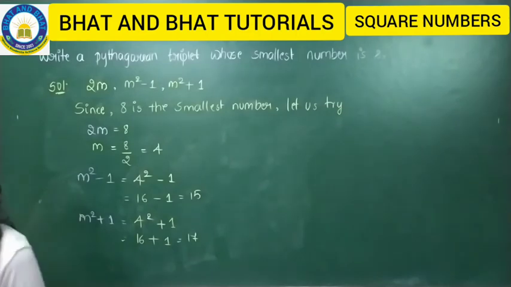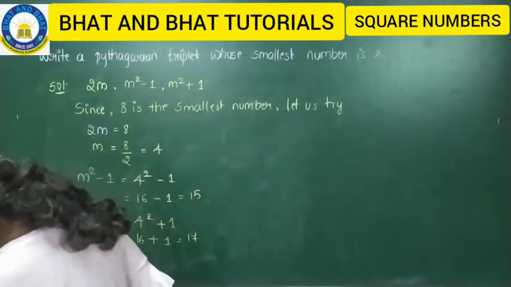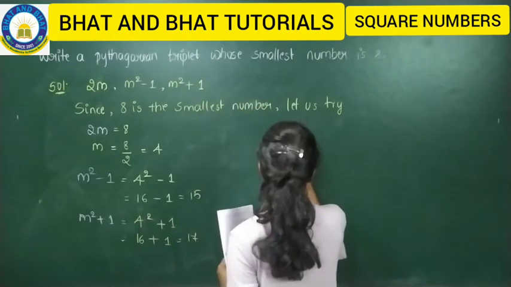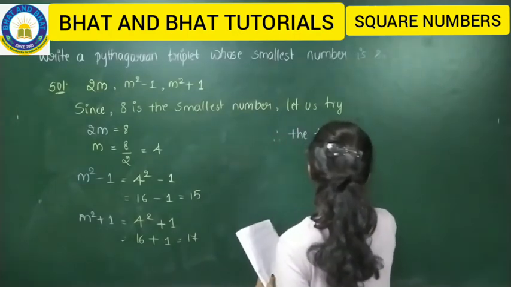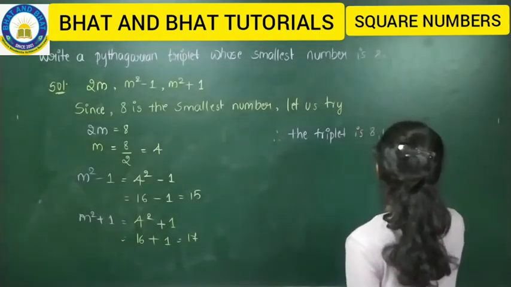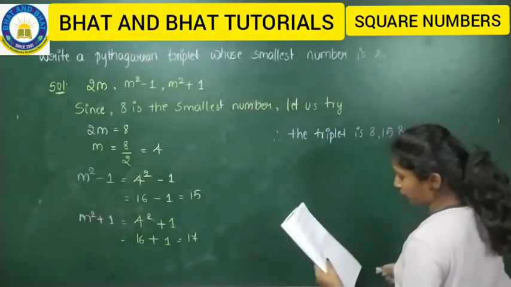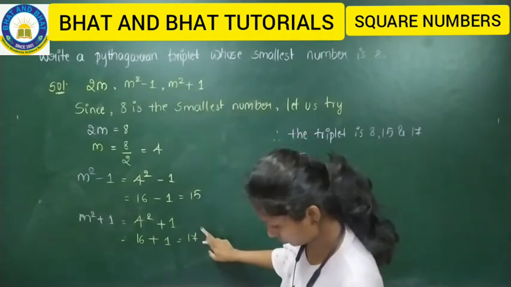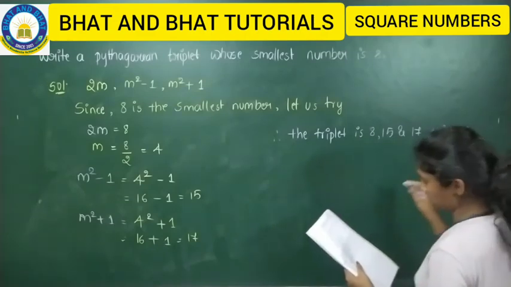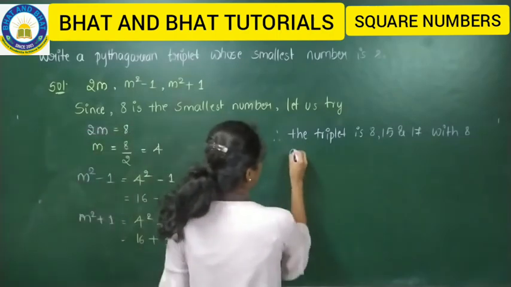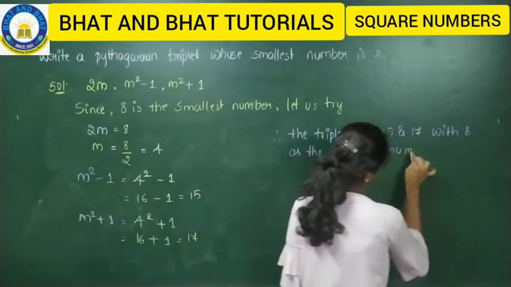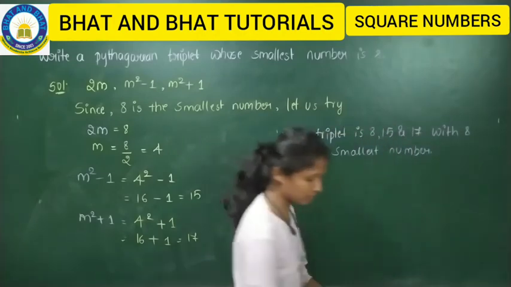So now therefore, I'll just write over here, the triplet is 8, 15 and 17, with 8 as the smallest number. Got this?